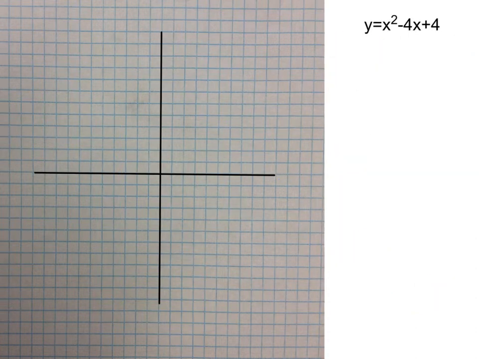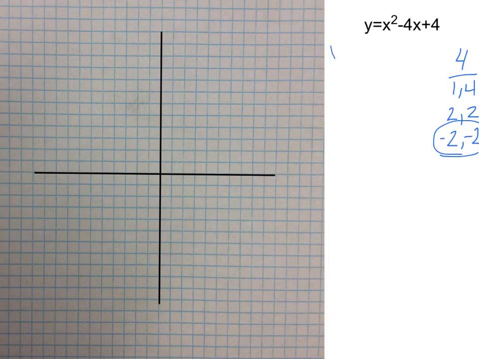So one more is we have 4 as your magic number, but we need negative 4. Well, 1 and 4 isn't going to get you anything. How about 2 and 2? 2 and 2 gives you positive 4, so we need negative 2 and negative 2. So that has to be our two zeros.